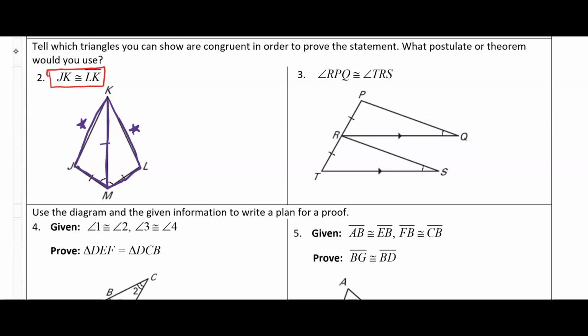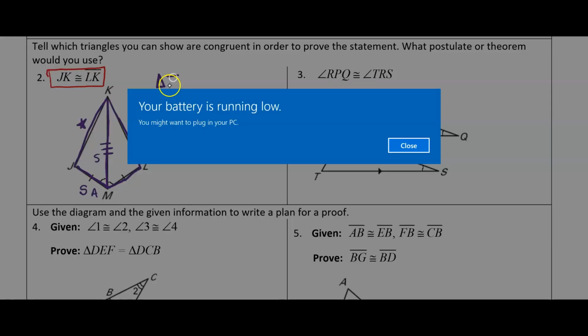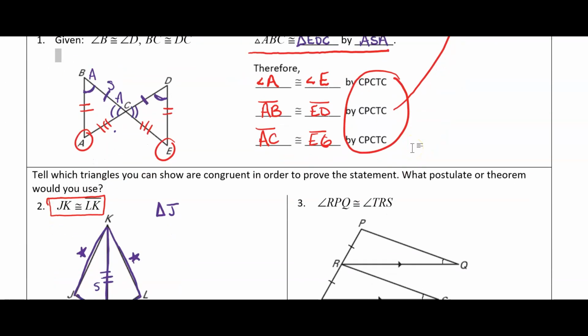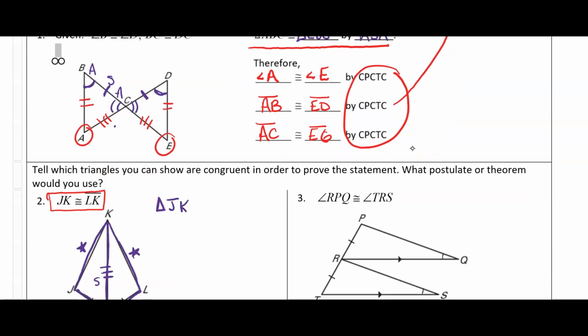So we are working with a reflexive piece here, and that would give me side, angle, side. So I would know that triangle JKM is congruent to triangle LKM.